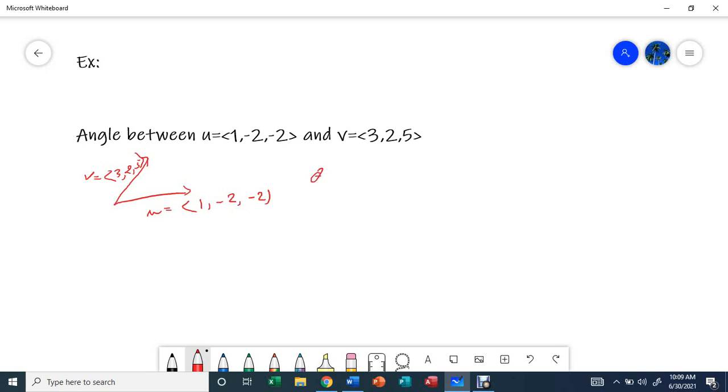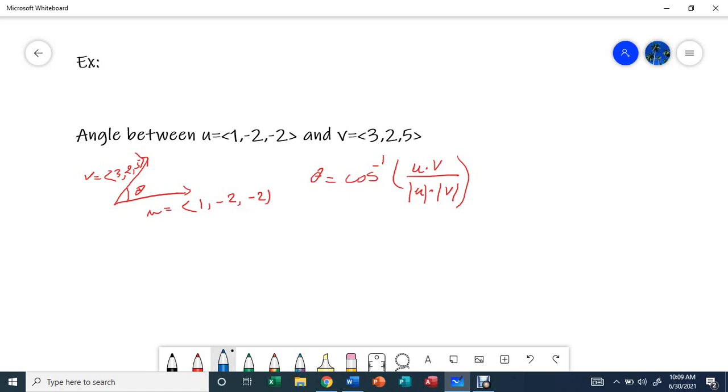Theta, the angle between them, equals cosine inverse of u dot v divided by the magnitude of u times the magnitude of v. And let's find these things one at a time.